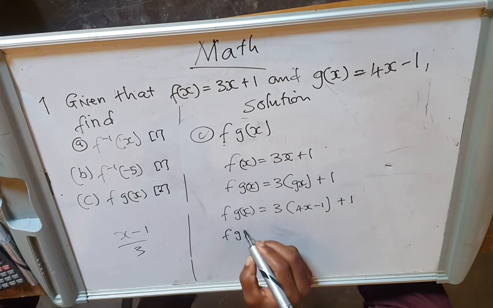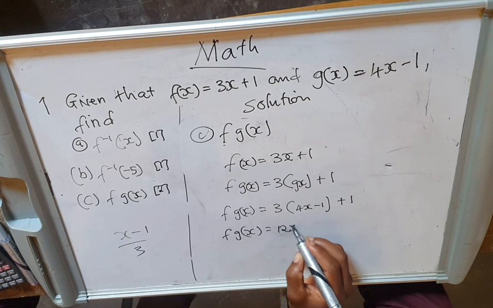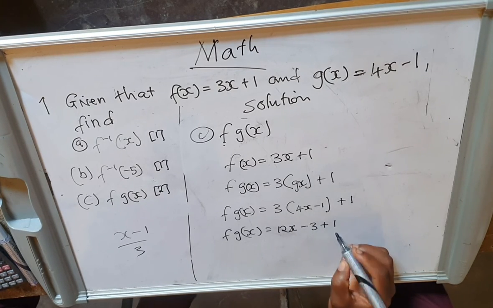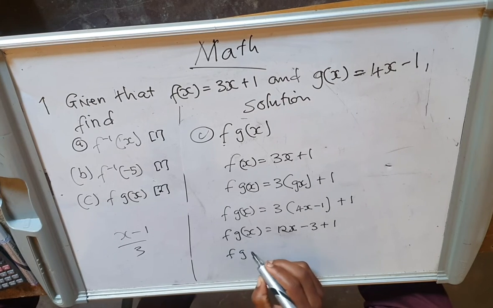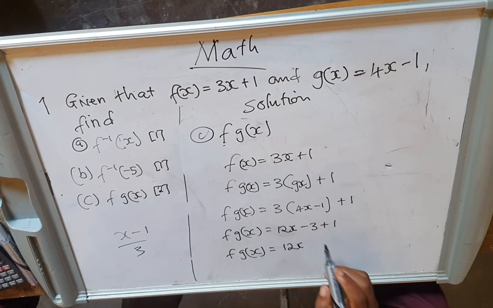So fg of x equals 3 times 4x, which gives 12x, and 3 times negative 1, which gives negative 3, plus 1. So fg of x equals 12x, then negative 3 plus 1, giving negative 2.